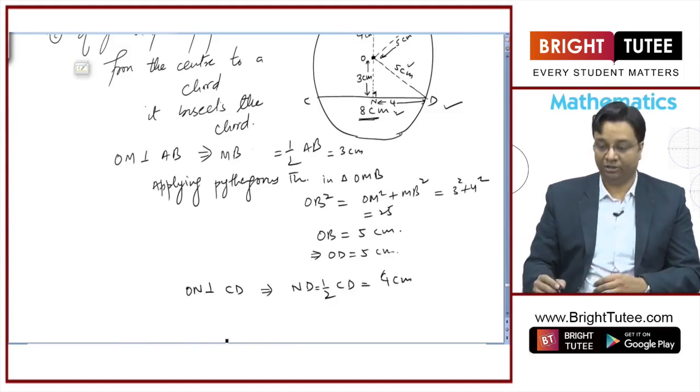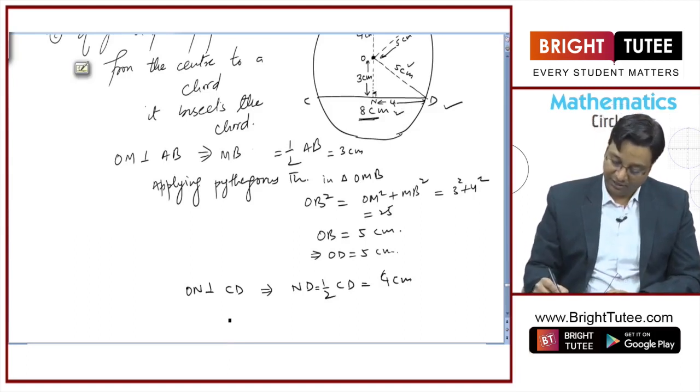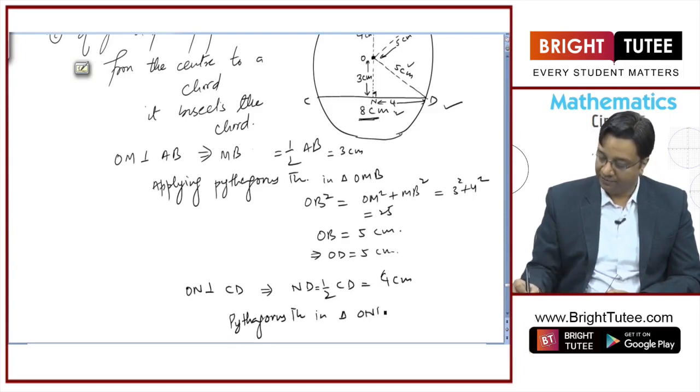Now again you apply Pythagoras theorem in this triangle. By Pythagoras theorem in triangle OND, ND square plus ON square is equal to OD square.